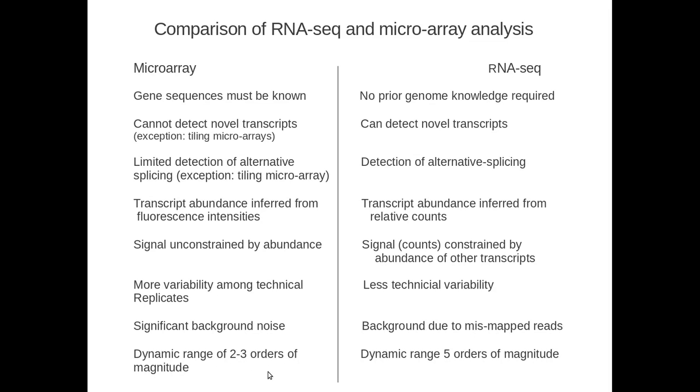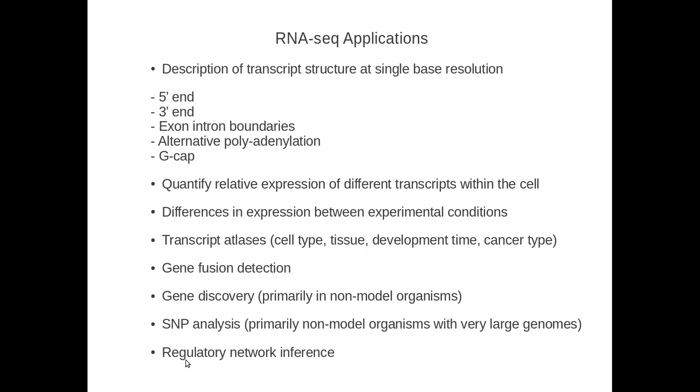That's what I'm referring to as the dynamic range: how many different orders of magnitude in expression can we detect differences between two samples? We can detect differences in RNA-seq over a much greater spread in magnitude than we can in microarrays.